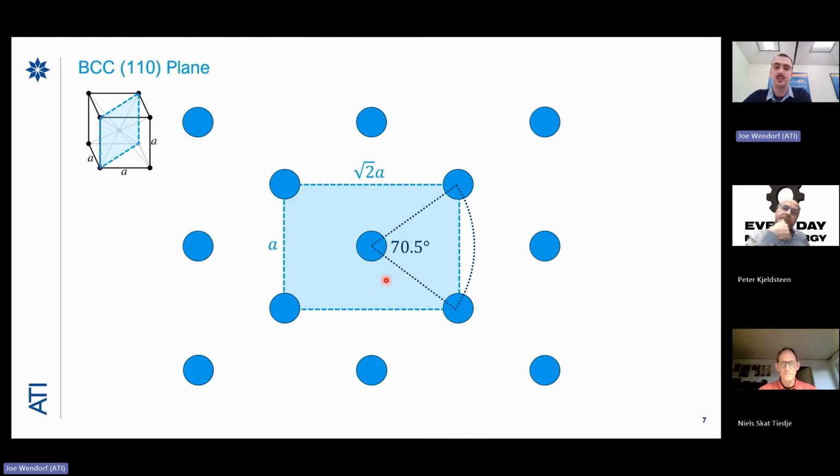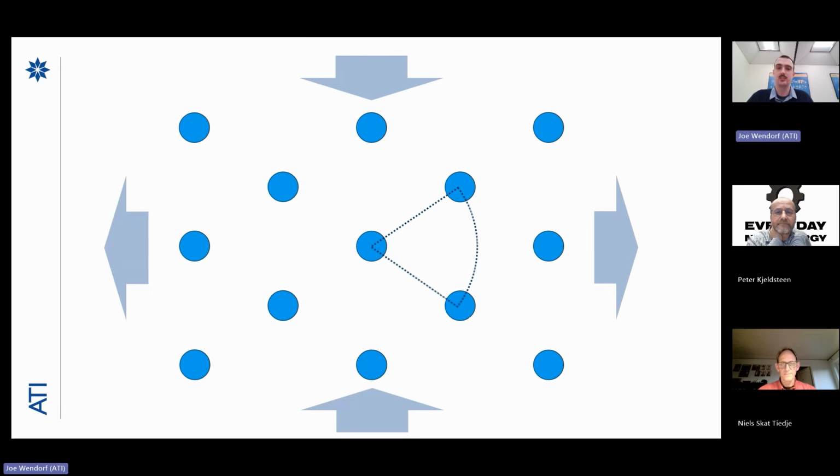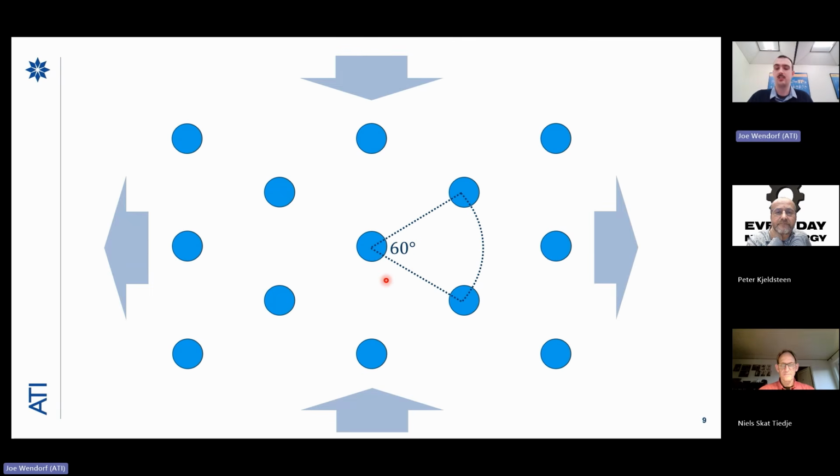But the amazing thing about this is that if you apply a strain to this microstructure in the direction indicated by these arrows, you can squish the atoms around in a very rigid motion like this until you have a 60-degree angle.